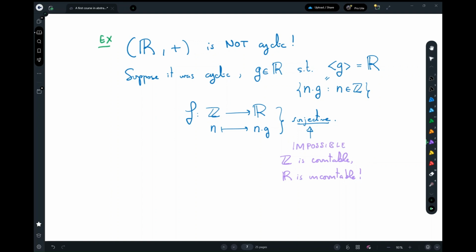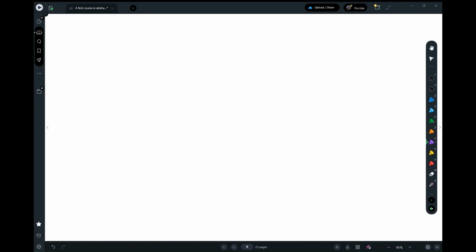But let me actually show you in another way that this cannot be the case. And in fact, what I'm going to show you is that even the rational numbers are not cyclic. So let's show that the rational numbers are not cyclic.